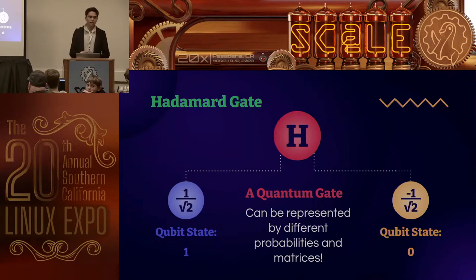This same principle is what's used in a Hadamard gate, where this qubit is no longer a 1 or a 0, it's both. And it could be a 1 or a 0 if you check it, but while you don't check it, it's both of those positions. And one of the powers of quantum systems is that you can change the probability of it being a 1 or a 0.